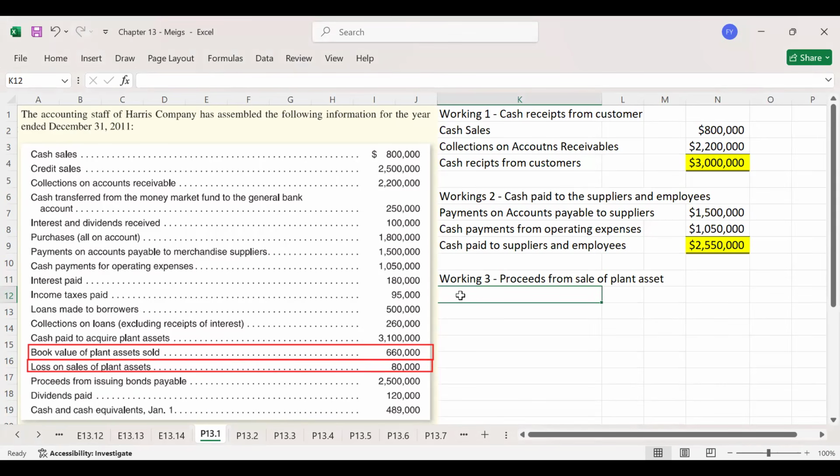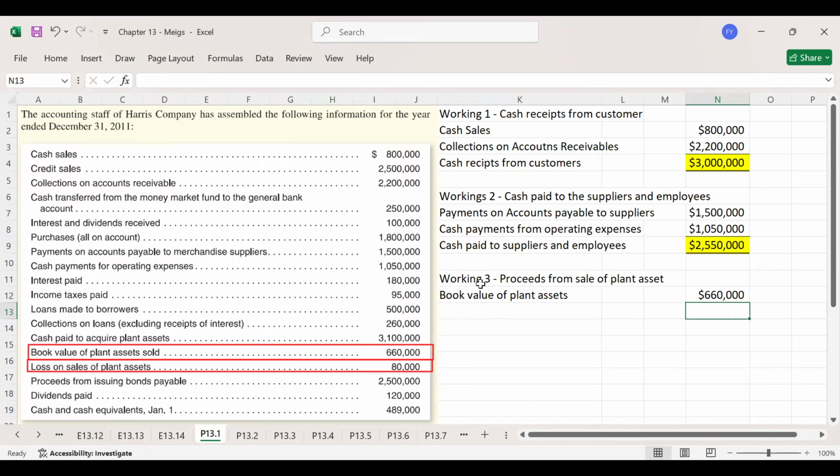And here we have book value. Book value means the value of the plant asset that arrives after deducting accumulated depreciation from the cost of the asset. So here it is $660,000. And then loss on sale of plant asset.